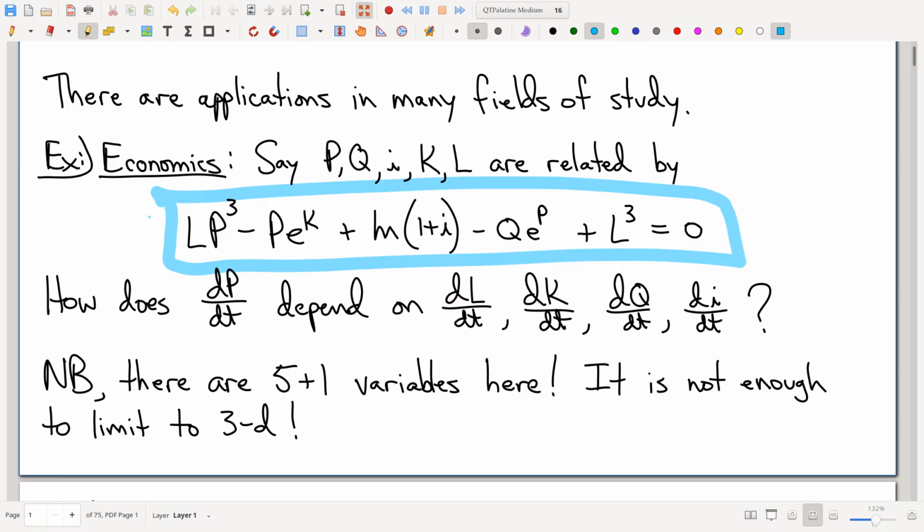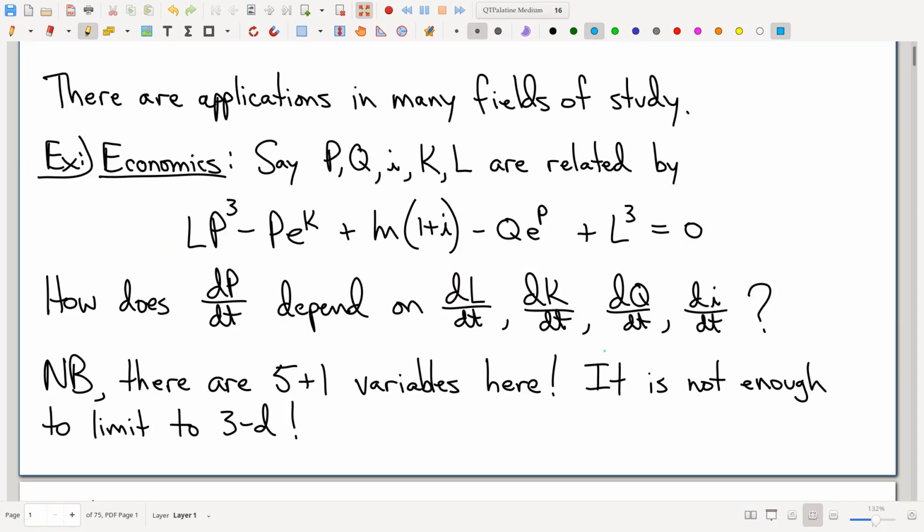And in this case, it'd be pretty hard to solve for most of those variables. So take P in particular. If I were to try to solve for P here, the problem is P is inside of an exponential, and it's also outside of an exponential, and these are not tractable. You can't solve for P realistically.